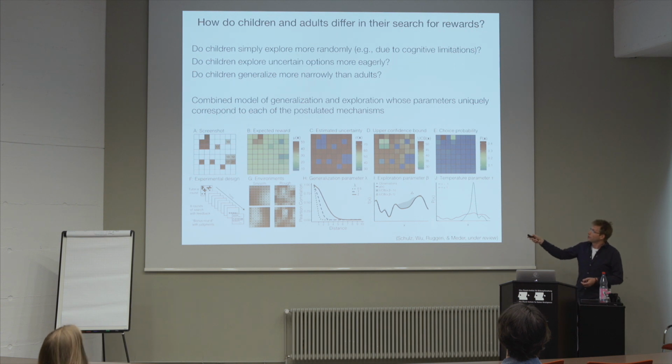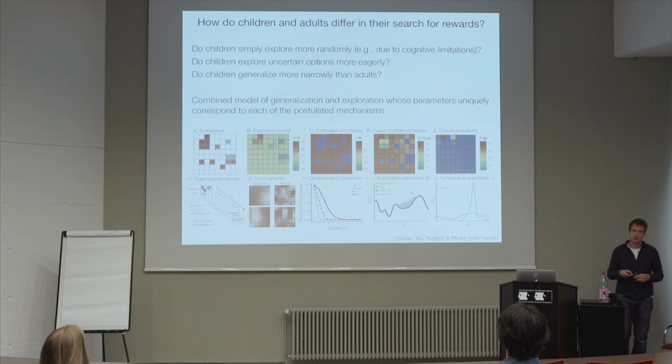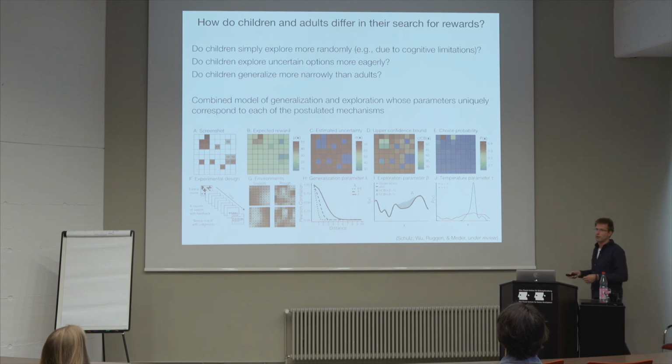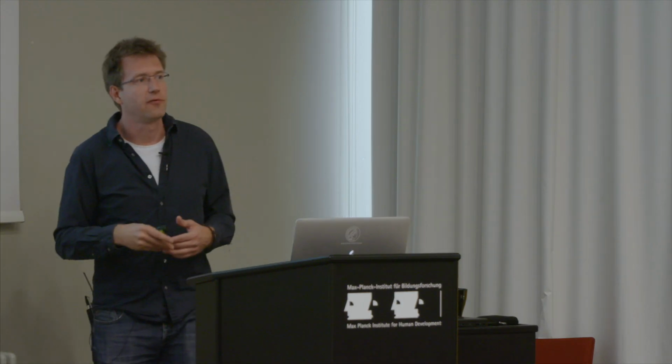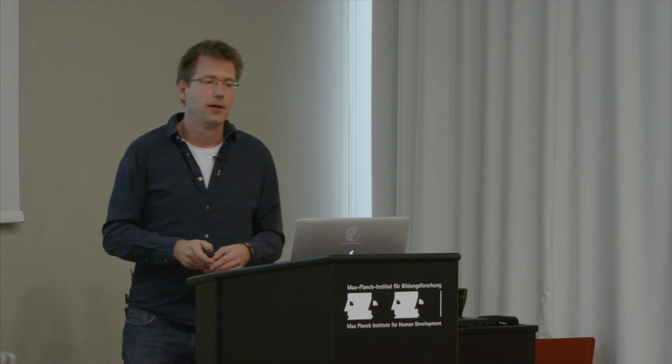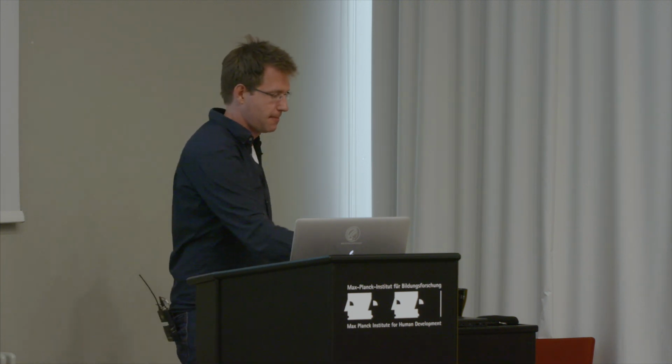For the goal-directed exploration, we have the beta parameter, which tells us how much they value uncertainty relative to exploiting rewards. That represents the goal-directed behavior. And then we have the temperature parameter in the softmax choice rule, which corresponds more to the noisy and random search behavior. Okay?